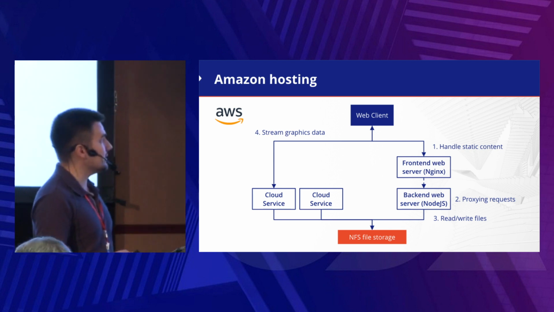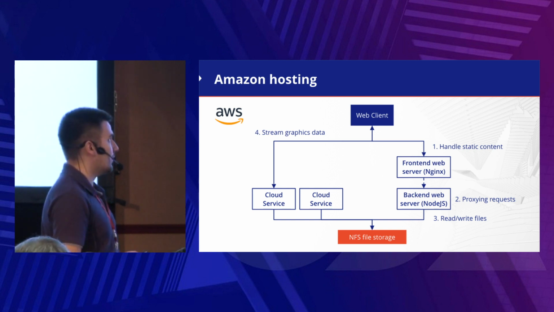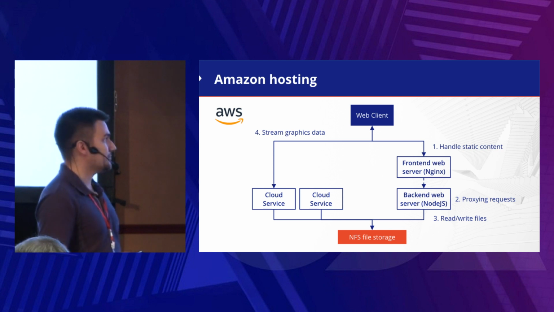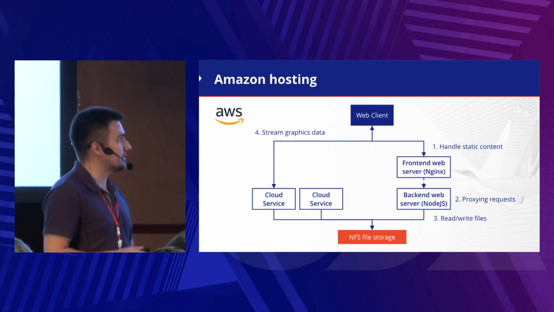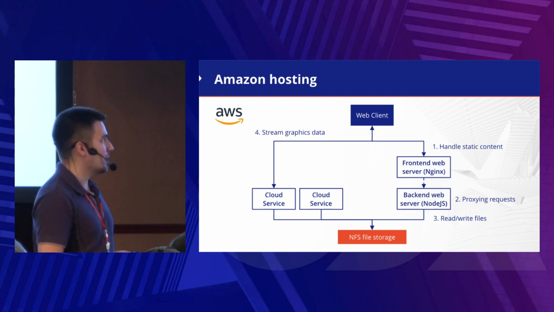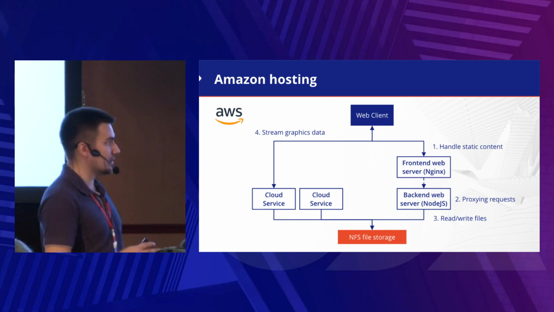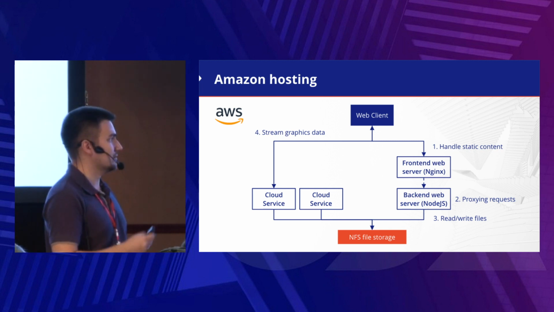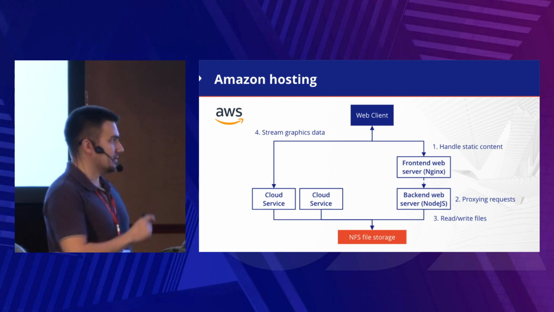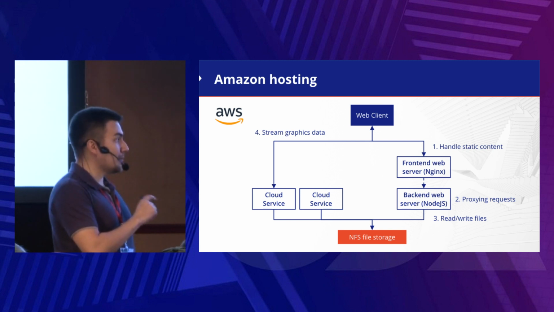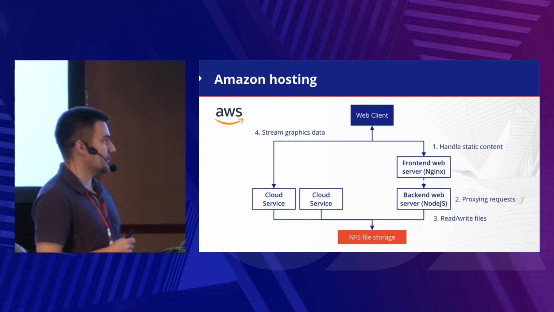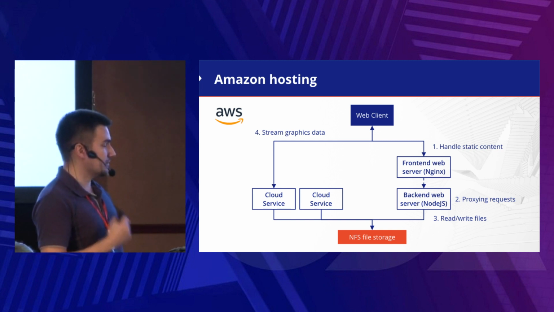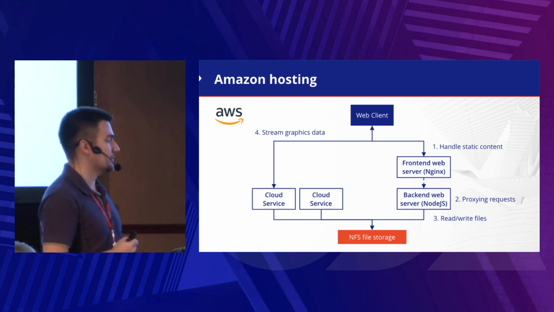And here you can see the architecture scheme of our web server, which is hosted on Amazon. First of all, you can see it's a front-end web server. We use Nginx. It handles all static requests and proxies user requests to the backend web server. This is our application level web server, which handles client requests and works with user files.